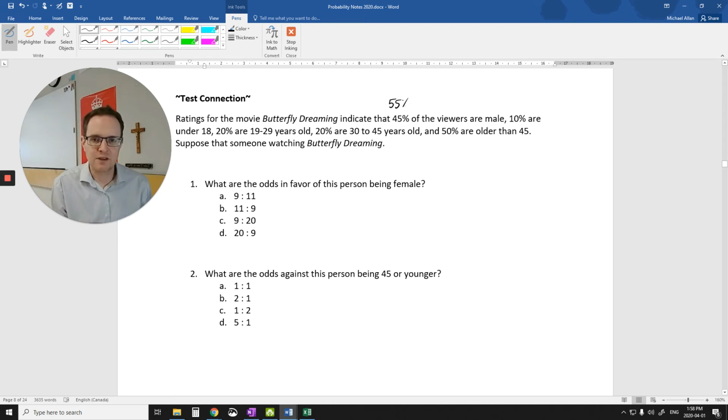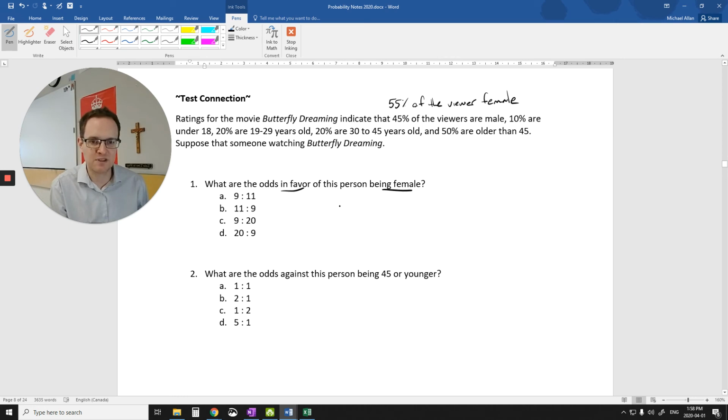Okay, so I'm looking at this one here. The ratings for the movie Butterfly Dreaming indicate that 45% of the viewers are male. I just wanted to write here that 55% are female, because that might be useful. What are the odds in favor of this person being female?